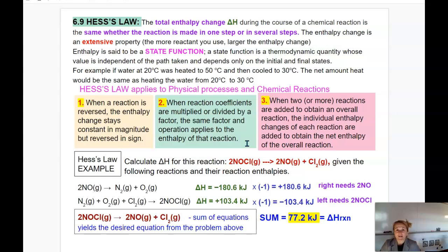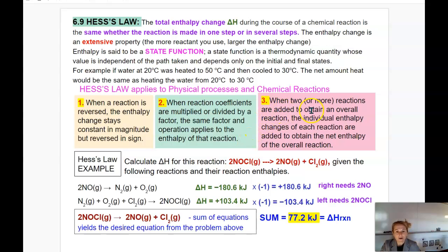So let's say we have an exothermic reaction, then just treat the energy like another product. So if you're dividing the whole system in half, all the coefficients in half, then you would divide the energy as a product here in half also. So you treat energy just the same as you would any other reactant or product.